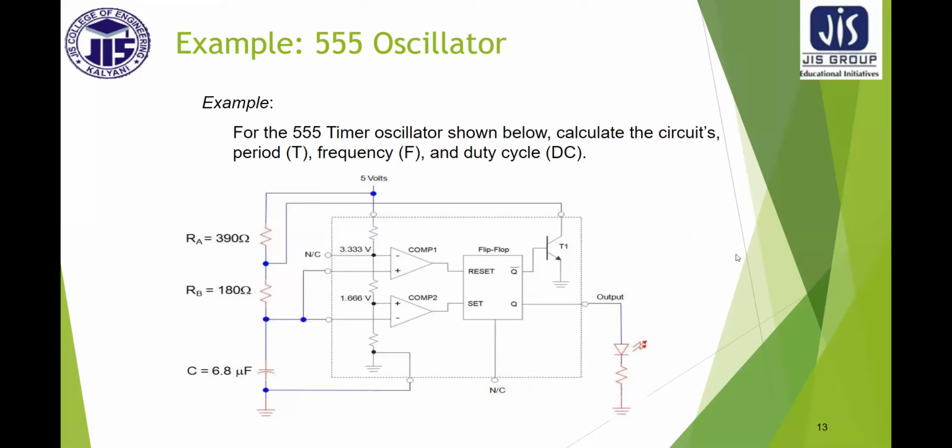You don't need to draw the diagram. Just write the values of RA, RB and C, and you can find the value of period, frequency and duty cycle. In exam also, you don't need to draw the diagram for any problem.